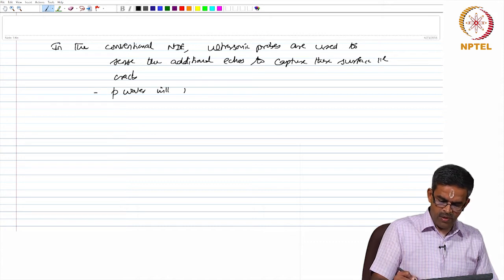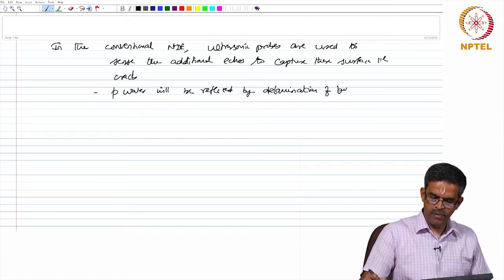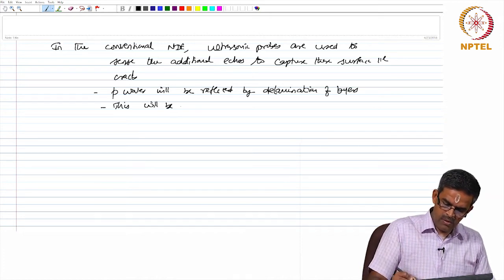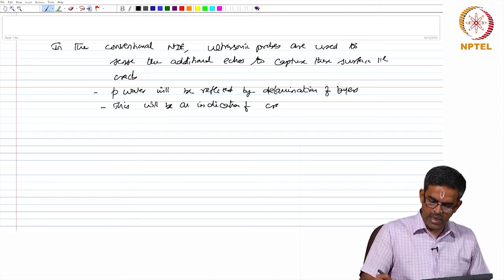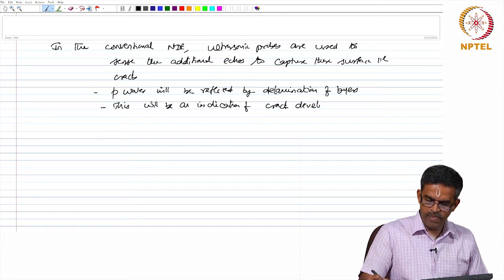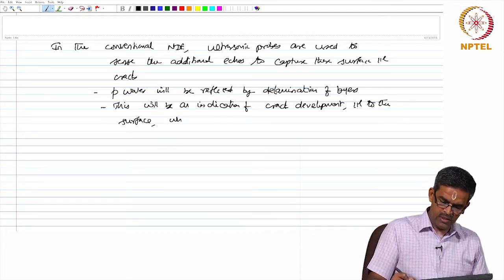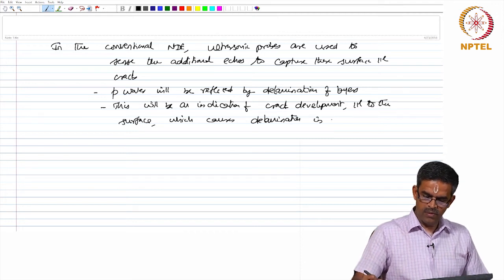P waves will be reflected by delamination of layers, and this will be an indication of crack development parallel to the surface, which essentially causes delamination in composites.